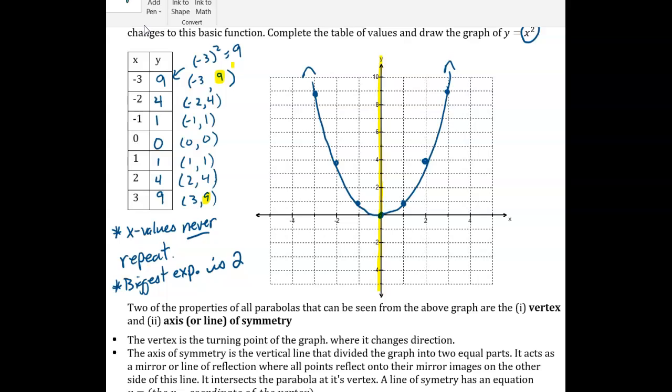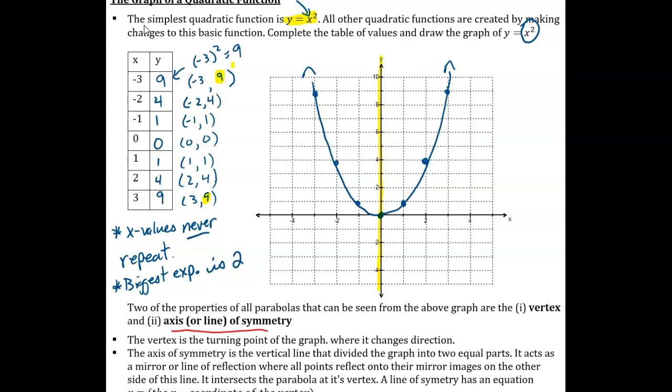This yellow line is what we would call an axis of symmetry. So it's a point around which one side is the same size as the other.